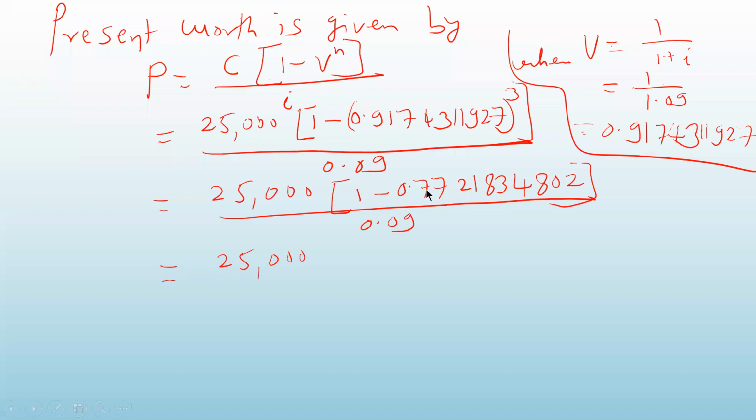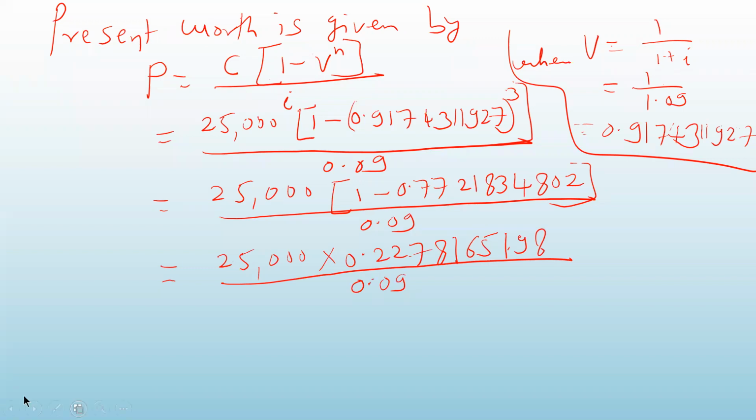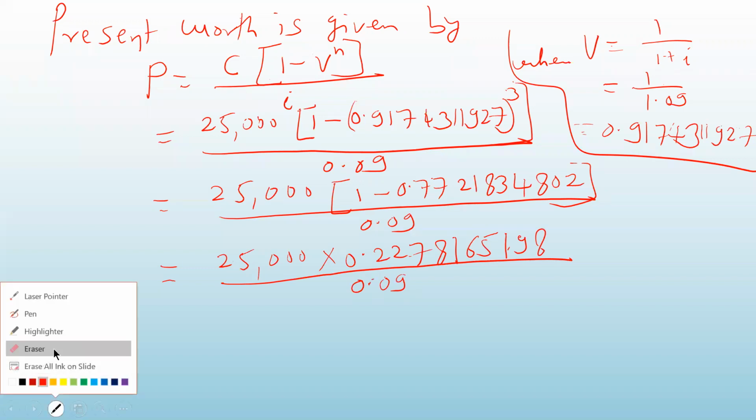You have to take 1 minus this, and the number is already on your screen. So instead of 1 minus, you can subtract 1 and neglect the negative sign. This gives you 0.2278165198. This is to do your calculation faster.